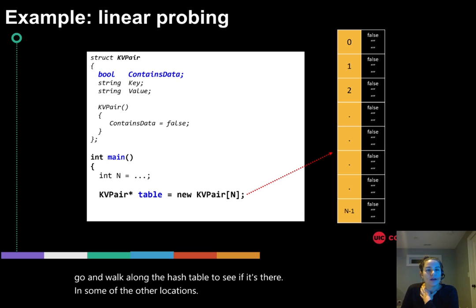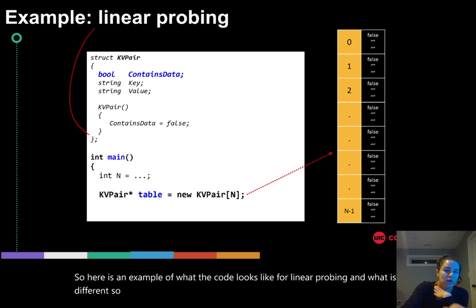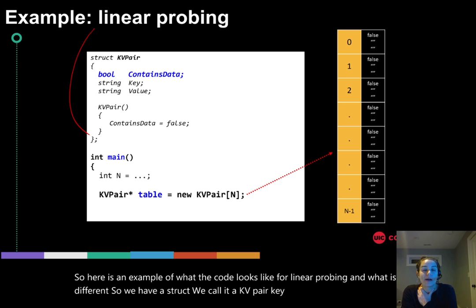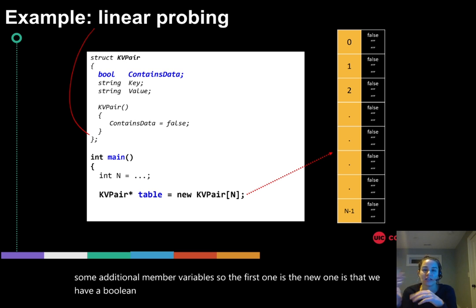So here is an example of what the code looks like for linear probing and what is different. We have a struct, which we call a KV pair, key value pair, and we've added some additional member variables. The new one is a Boolean called contains data that keeps track of whether or not there's data at that location.